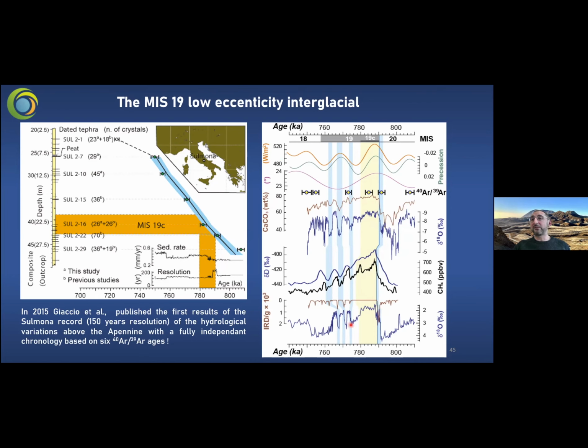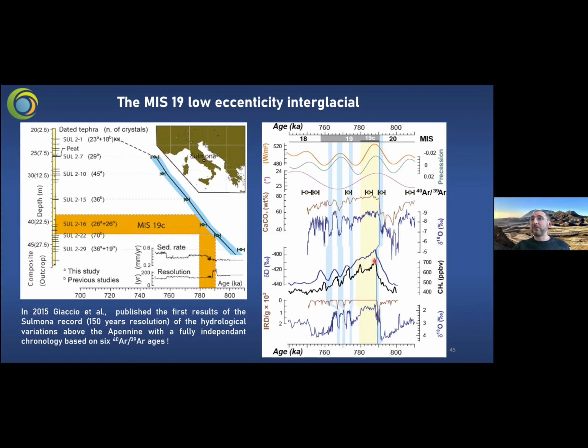And we soon realized that there are problems, because you can see these millennial oscillations at the end of MIS 19. They are not the same duration, and they are not synchronous. So all these records cannot be correlated with each other. The only one which is independent is this one. What we also saw is that the interglacial, paleoenvironmentally speaking, started just before the maximum of precession.